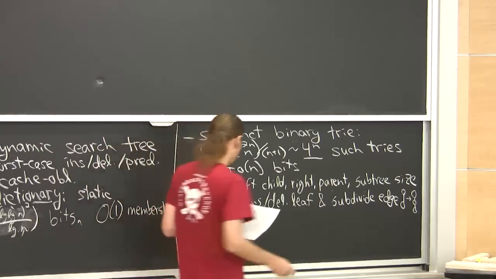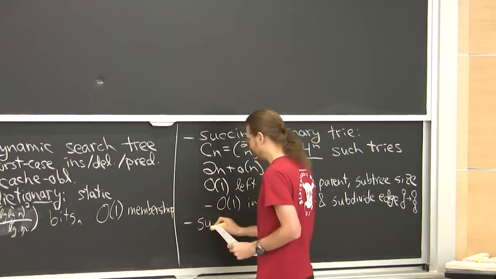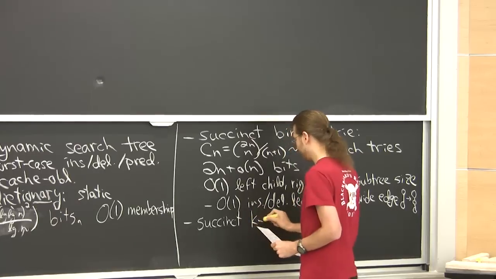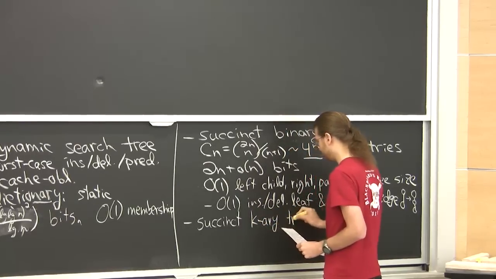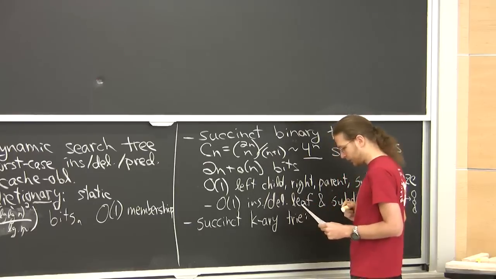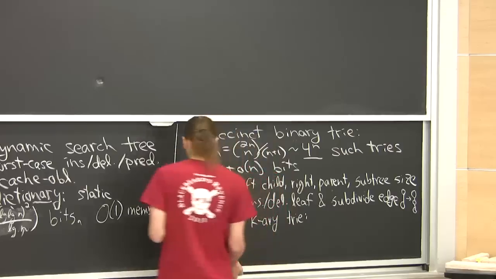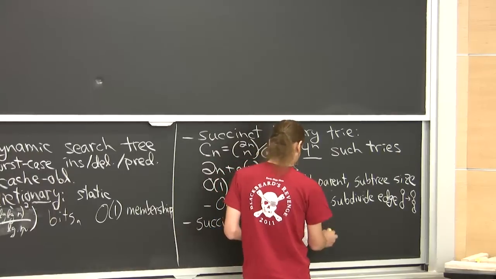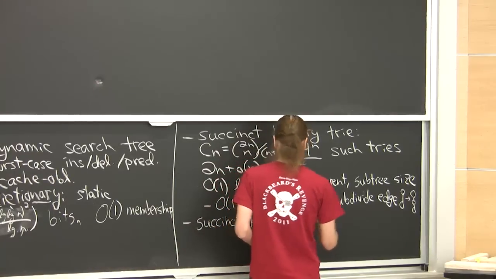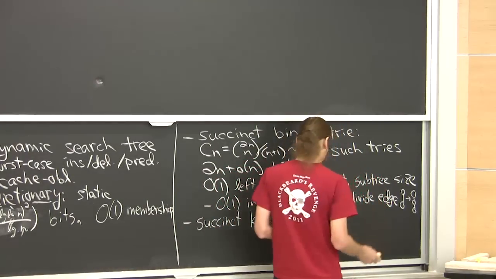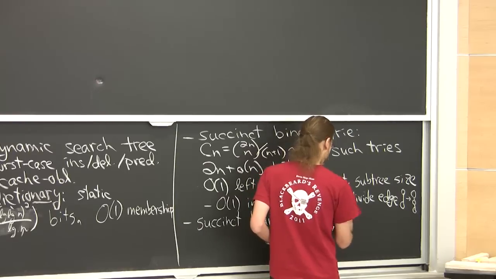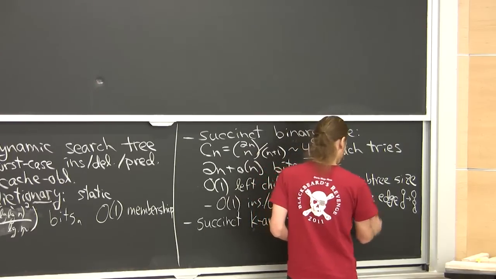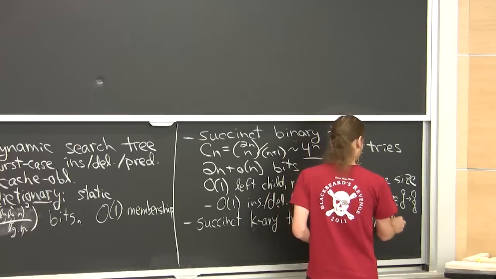Then that's for a binary alphabet. Let me tell you what's known about larger alphabets. This is a problem I worked on a while ago, although our result is no longer the best. So here, it's a little complicated, but the number of k-ary tries, where k is now the size of the alphabet, is (kn+1 choose n) over (kn+1).